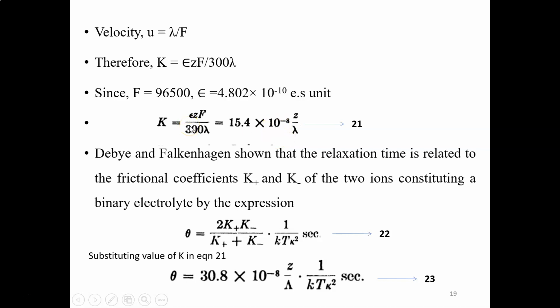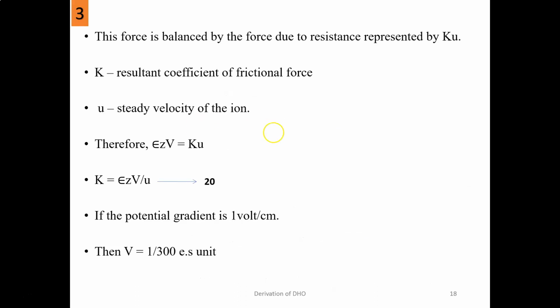So we found that there is a relaxation force, and then we found that when you apply the potential, there will be a corresponding force epsilon ZV, which will be dragging the ions towards the electrode, and there will be a resistance for that particular ion, which will be given like Ku.